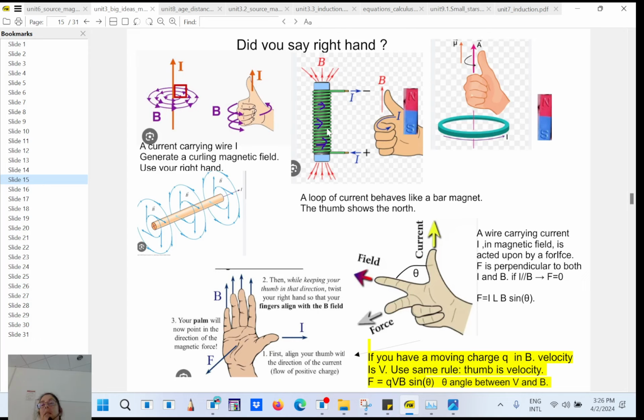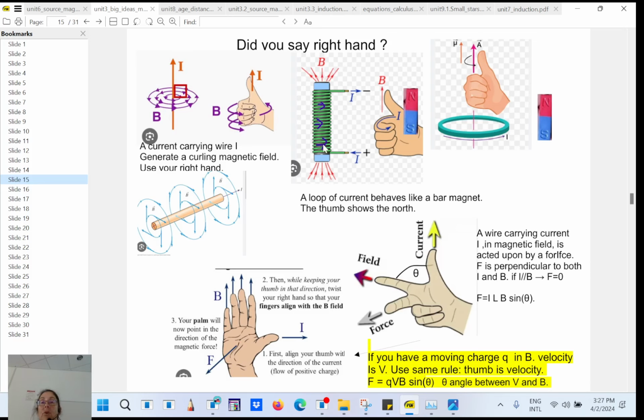Like this. You see, it's a coil. Okay, so your fingers go around the coil here. The thumb will be the magnetic field. So that means that's going to be the north, and that will be the south.